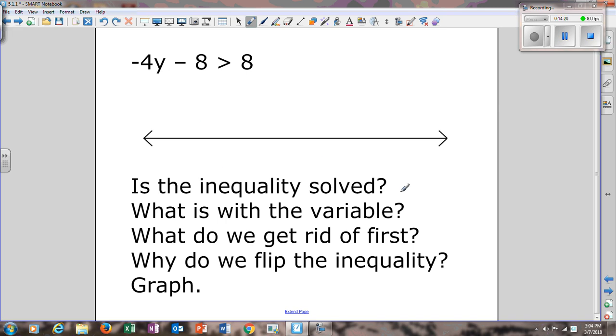No, the variable is not by itself. What is with the variable? Negative 4 times the variable, and then it's a minus 8. What do we get rid of first? We're going to add the 8 over.